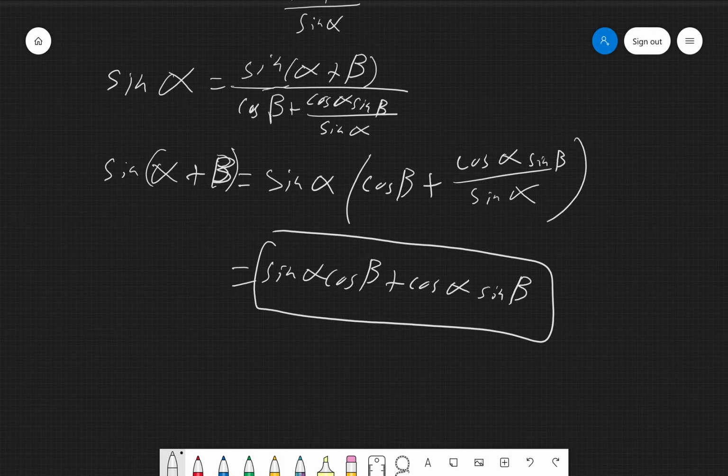Now I'm not going to do the exact same procedure for the rest. I recommend you try to do it for maybe cosine.